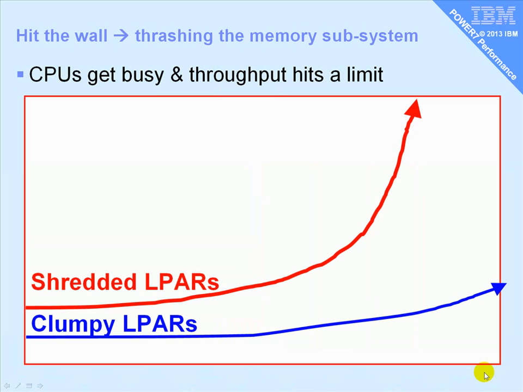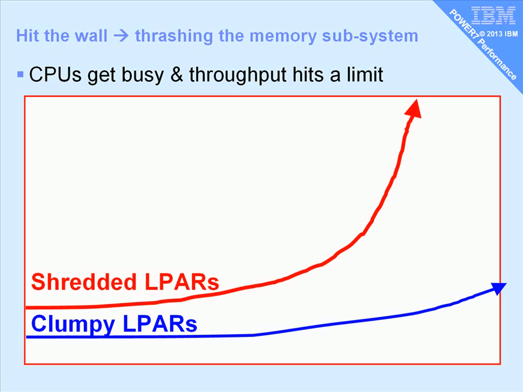The memory subsystems in our POWER7 and 7 Plus servers are really good in terms of their multiple gigabytes per second transfer rates from the, I think, 68 from a single memory controller to across the machine, which is running at 40 to 50 gigabytes a second. But there is a limit on the number of transfers that can happen at any one time.